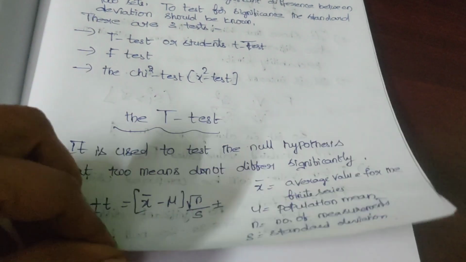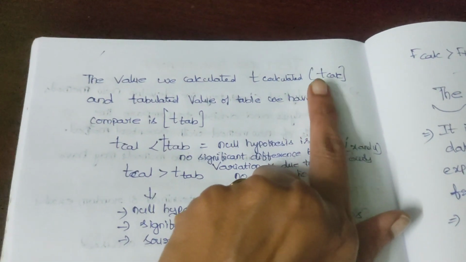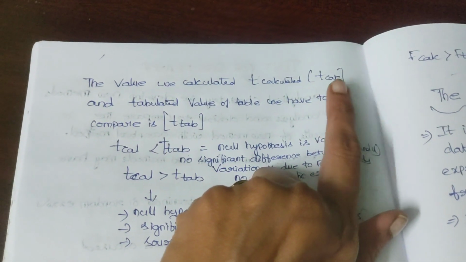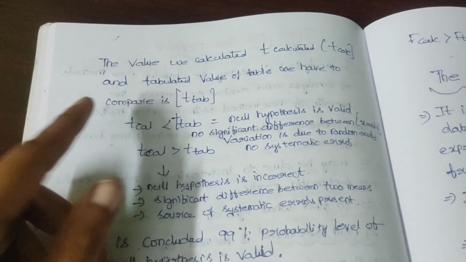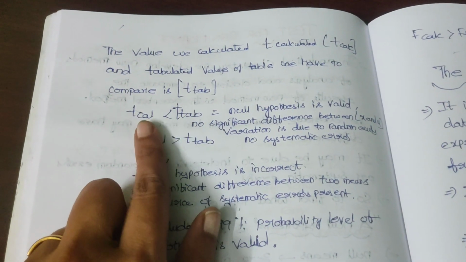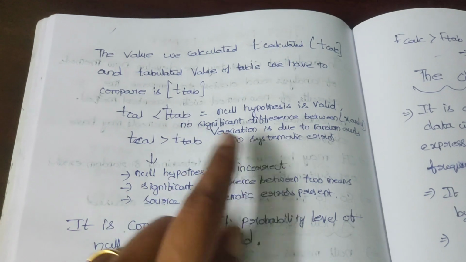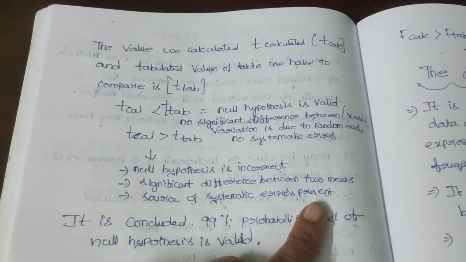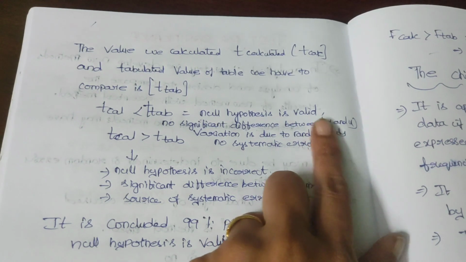After finding the t value, that is the t calculated value. We also have the t tabular value, so we have to compare these two. If the t calculated value is less than the t tabular value, then we can say the null hypothesis is valid and there is no significant difference between x and mu.